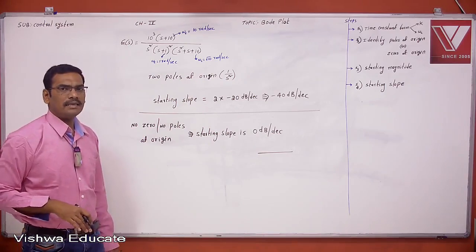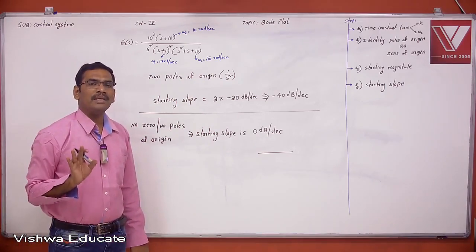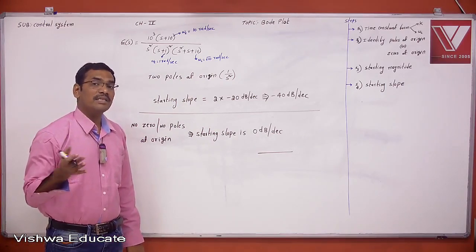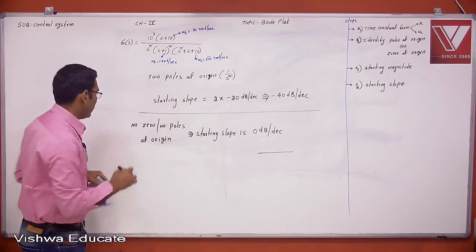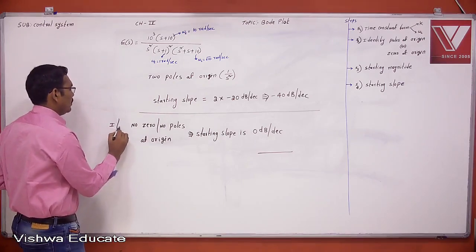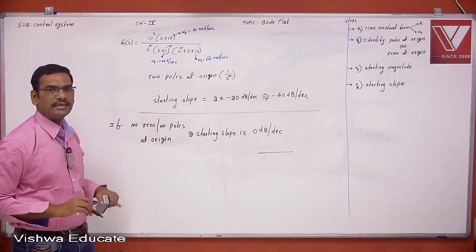That indicates the slope is 0 dB per decade, which means no pole at origin and no zero at origin.